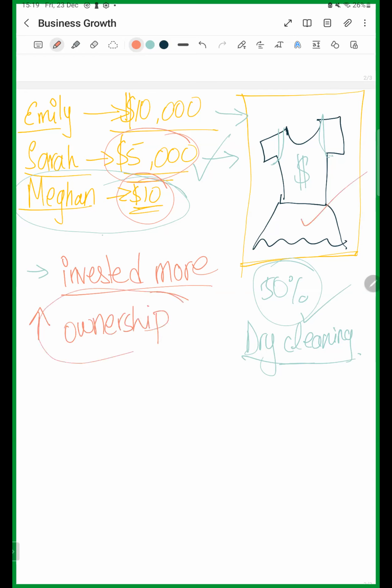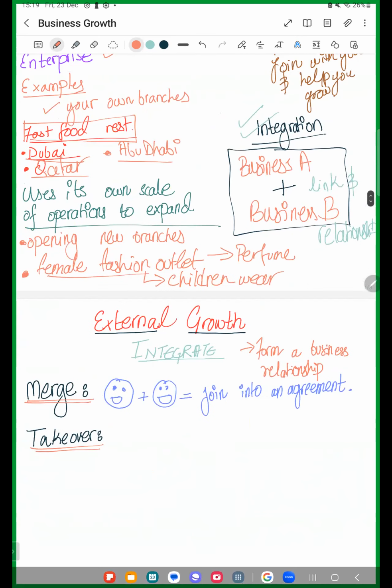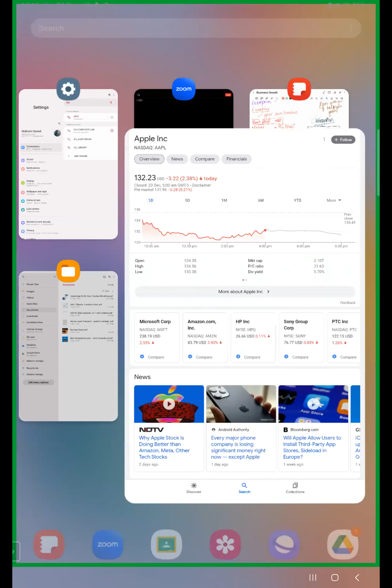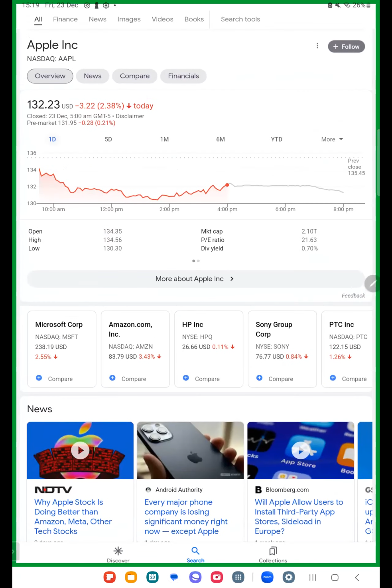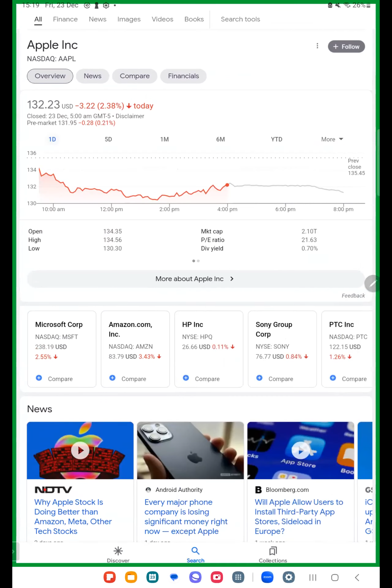And that's exactly how these companies work. These companies are not dumb enough to put all of their shares in the market.